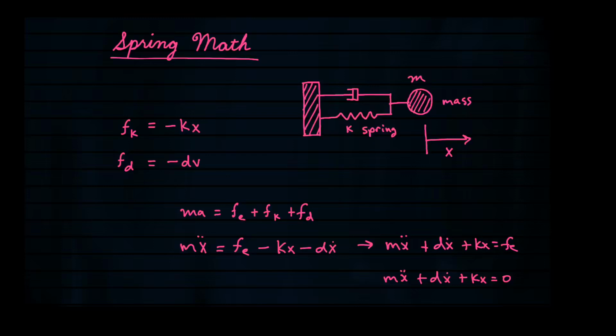So let's go ahead and look at the first one, which is the massless spring damper. So we have a massless spring damper, which means that our velocity can be written minus k over d times x.